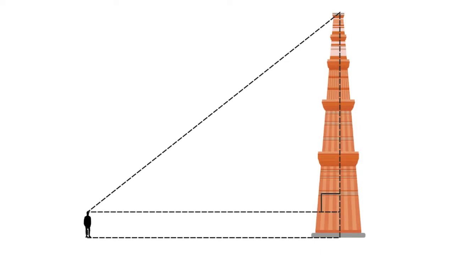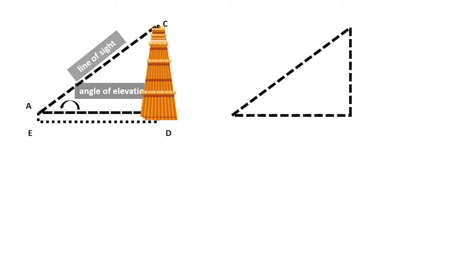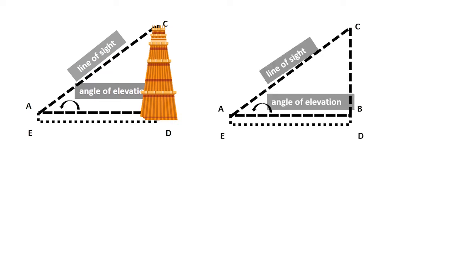First, let us consider the first figure of the previous chapter, which is redrawn in the figure shown. The line of sight is the line traced from the student's eye to the top of the minar in this diagram. The student is gazing up at the minar spire. The angle of elevation of the top of the minar from the student's eye is defined by the angle BAC created by the line of sight with the horizontal.